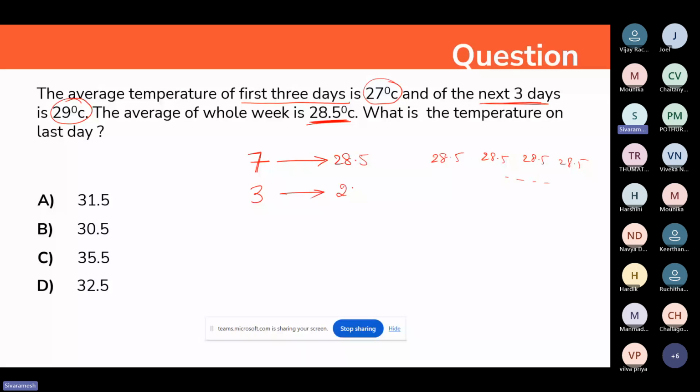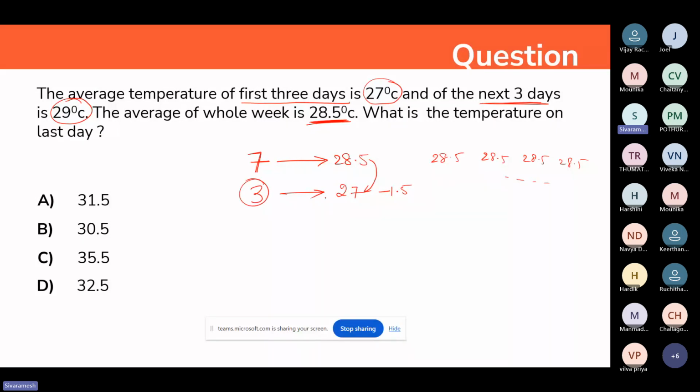But what we assumed for every day is 28.5, and what they have given is only 27. Now how much got decreased? We assumed 28.5, but it is only 27, so 1.5 degrees got decreased for each day.